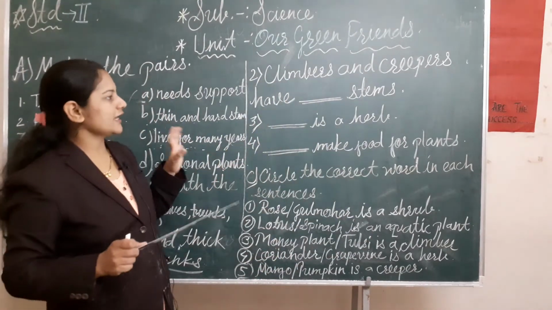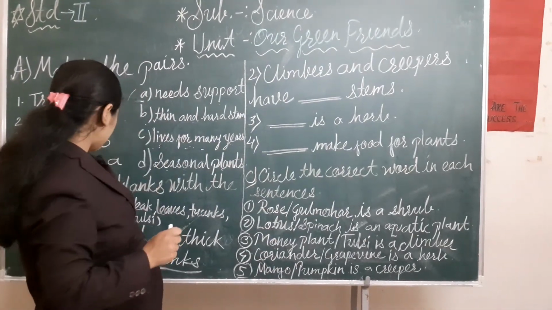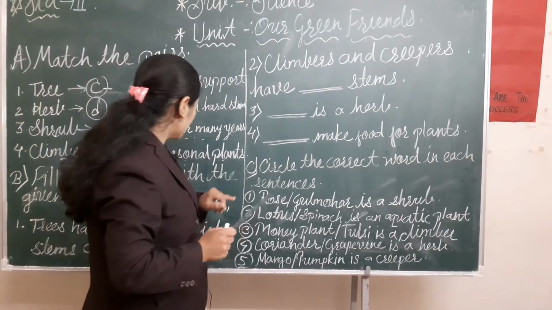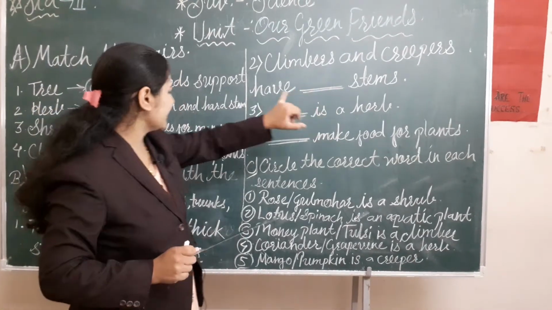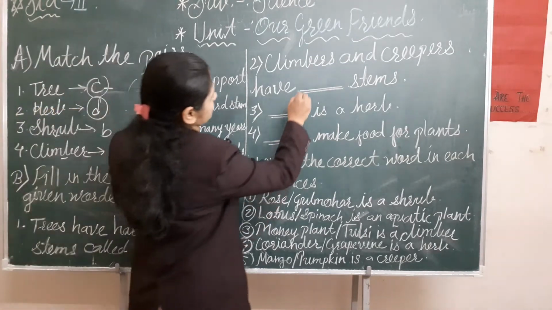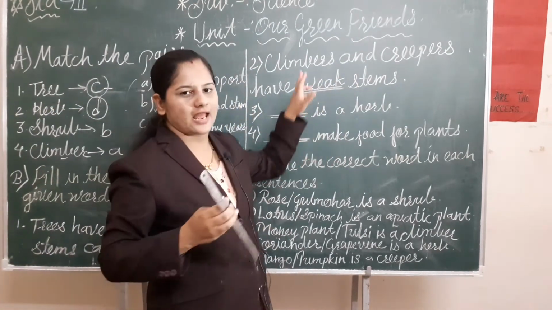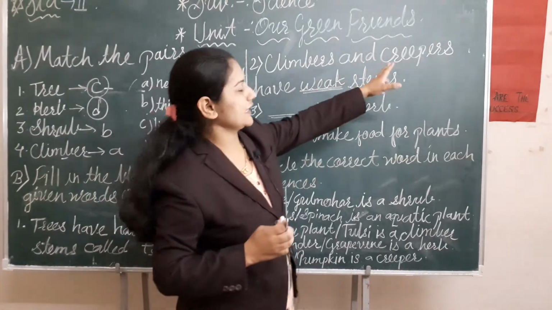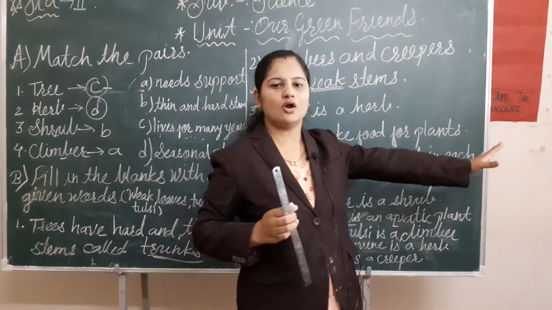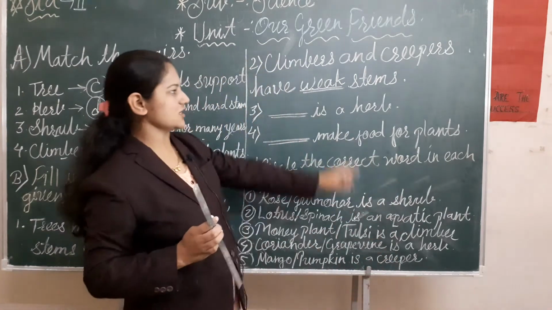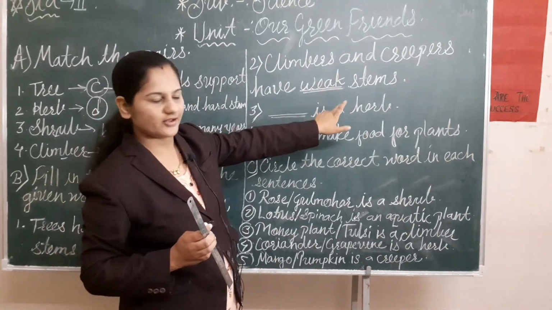Now already I told you that trees have very strong stems, but clambers and creepers have weak stems. They have weak stems. That's why the clambers need the support and the creepers grow along the ground, because their stems are weak.